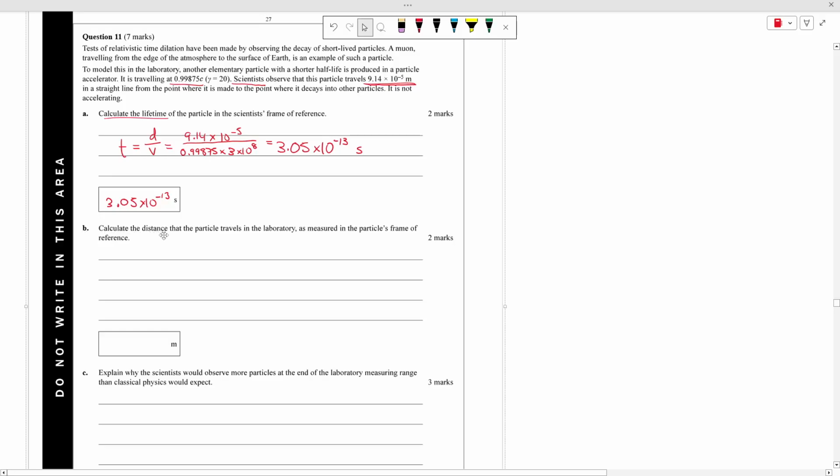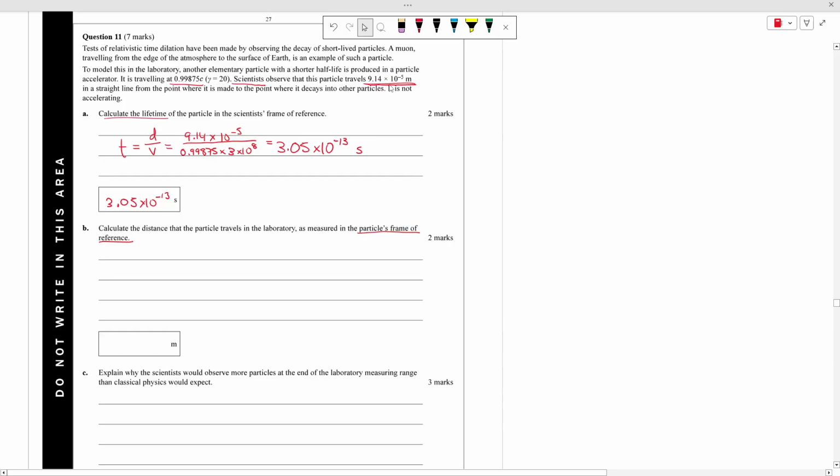Part B, however, calculate the distance that the particle travels in the laboratory as measured in the particle's frame of reference. Okay, now this is where we start thinking about time dilation. We've got to think about this carefully and make sure we're setting up the variables properly.